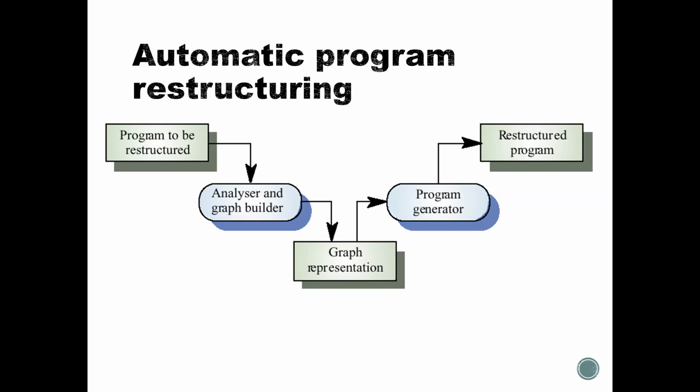With the help of those graphs, we are going to generate the programs, corresponding to the input with which we started this whole thing. So this is the automated process. We use an analyzer and graph builder tool to build graphs for the programs that we want to restructure, and then we use an automatic graph program generator tool, which takes this graph as input and gives the restructured program as an output.